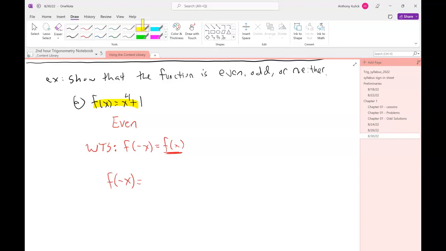Everybody agree? What if I'm doing f of negative x? Same thing. Plug negative x in for x, right? So if I do that, I'm going to have negative x to the 4th plus 1. I've just plugged negative x in for x. Everybody's okay with what I did there?